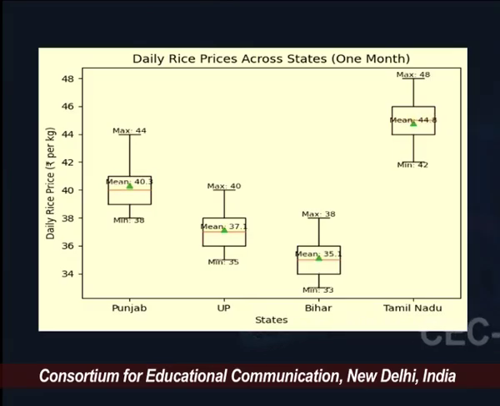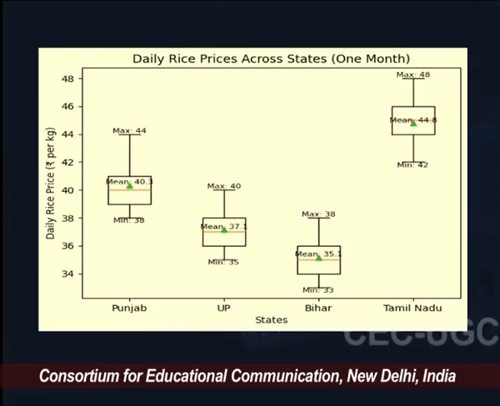Also you can see Bihar has the lowest minimum price of rice and the maximum is much above what UP's median price is. So you can do a comparative analysis across different states using simply box plots. So box plots not only tell you about distribution or the data scattering across a single state, but you can do a comparative analysis across different states.